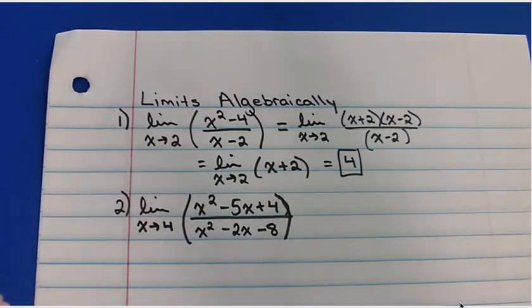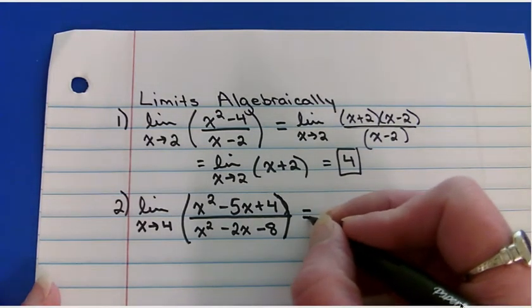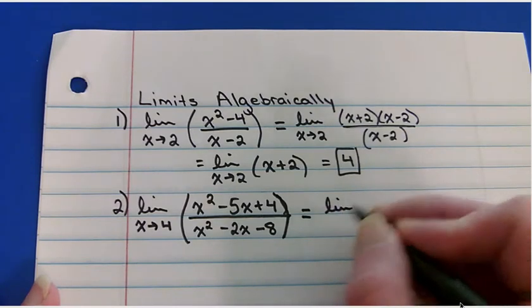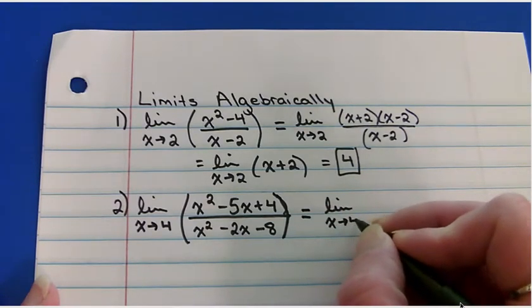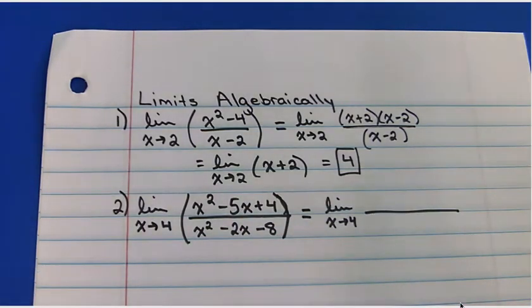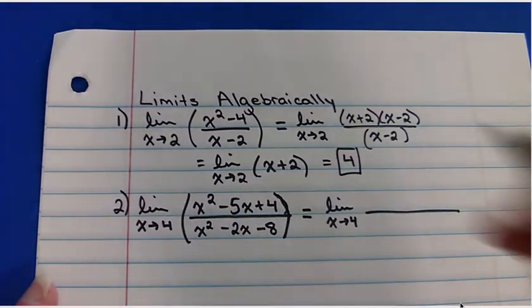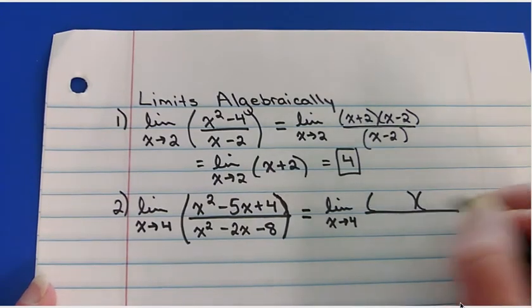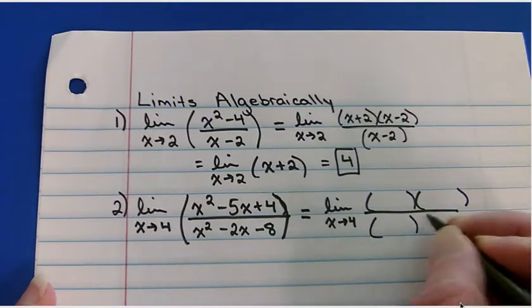Okay, if I plug in 4 right now, I'm going to get 0 over 0, which is bad news. So I'm going to go ahead and factor. I keep putting the parentheses around these, but you don't really have to have them there. So let's review how we would factor the numerator and the denominator.